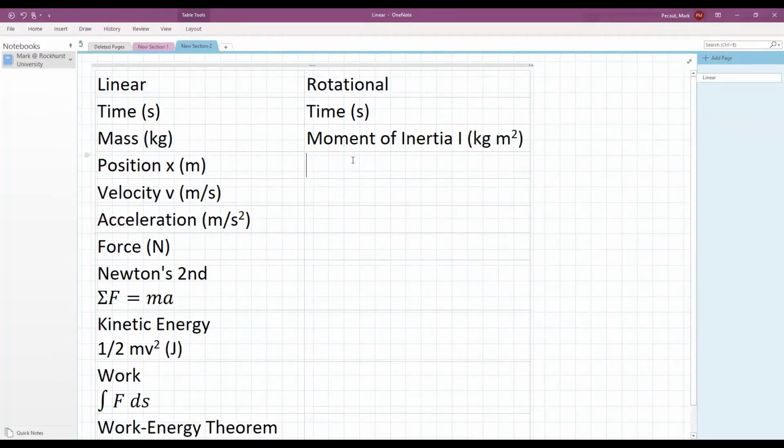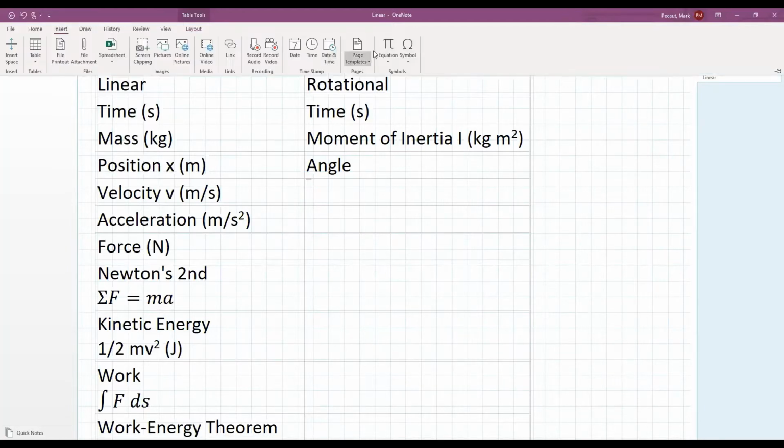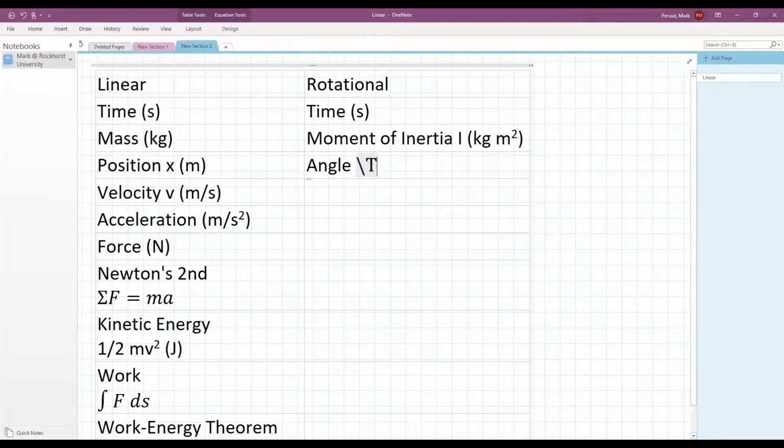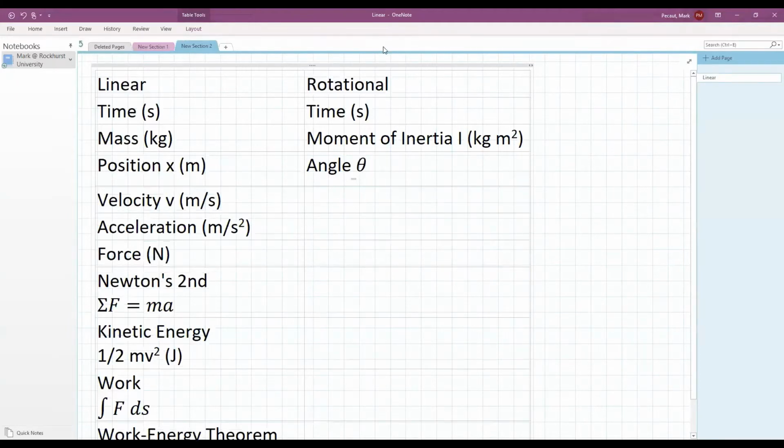Position, the analog for that is the angle, and for that we'll use theta. The angle analog is theta, and we usually measure that in radians.